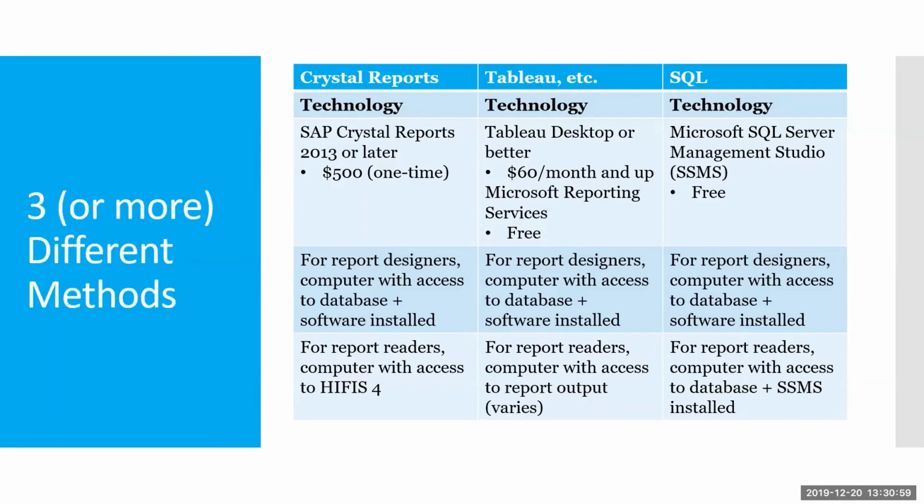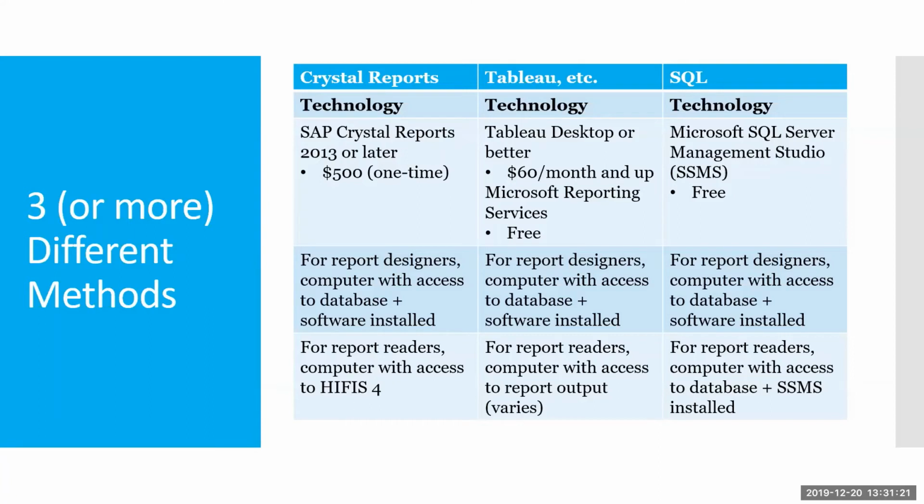You might be able to get it for free, but generally speaking, if you were going to go out and buy a license, it's about $500. Now, for each of your report designers, they would need a computer that has the software installed. So if you had one developer, you'd need one license. But if you wanted to have 3 different people designing reports, then you would need to purchase that license 3 times.